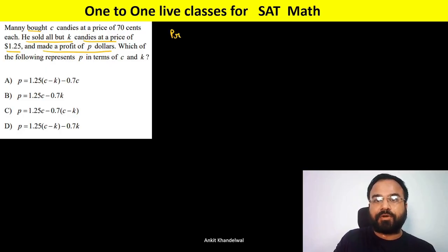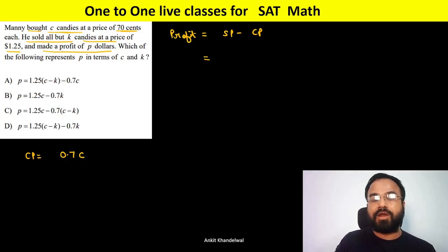So what is the profit? Profit is selling price minus cost price. So what is the cost price? First of all, he bought C candies at the price of 70 cents. So to find the cost price, 70 cents means $0.7 multiplied by C, that is the cost price. He is selling all but K. So how much is selling?